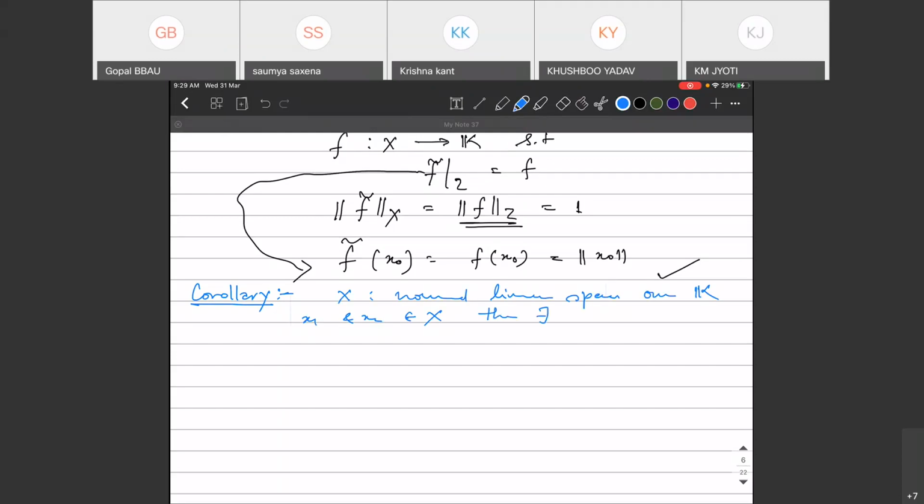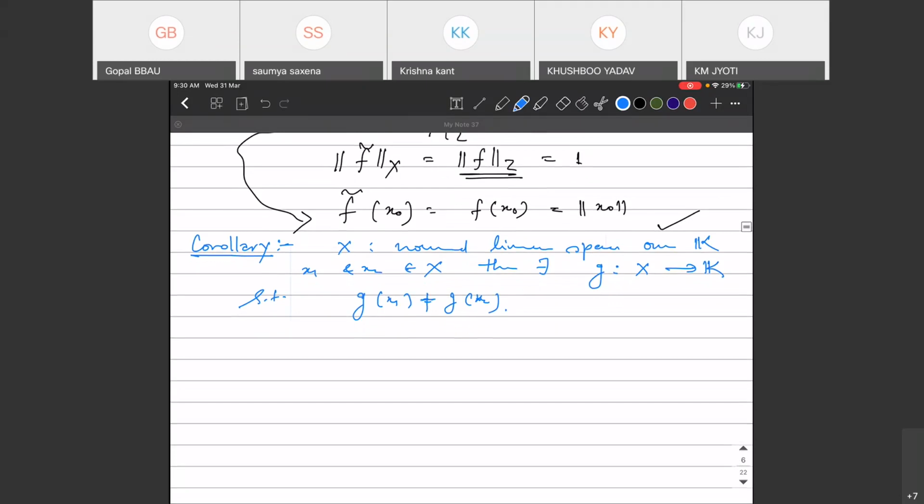There exists a bounded linear functional g such that g(x1) is not equal to g(x2). So what does it say? It says that the dual space separates points of X. Okay, so how do we do this? Very easy. We will use the above theorem.